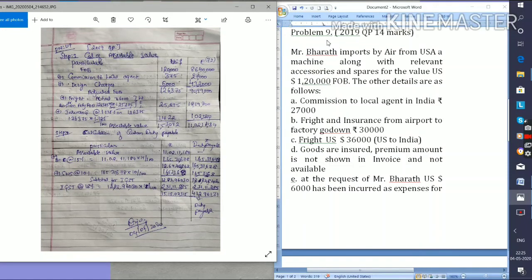Now, I can see the problem number 9, it is a 2019 question paper, 14 marks. In the exam, they are going to ask a very simple problem, not much confusing adjustment.